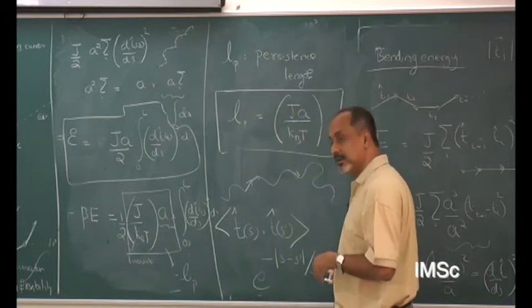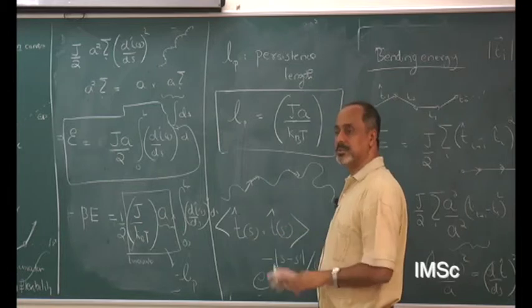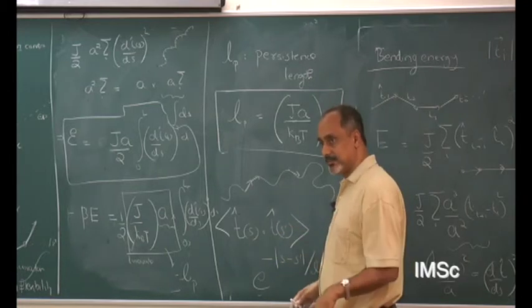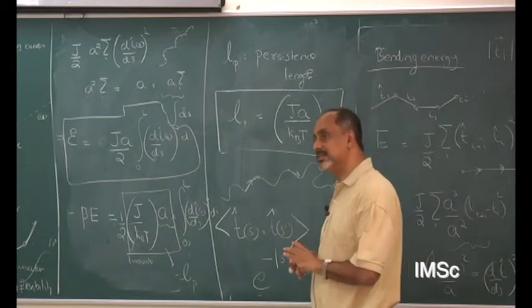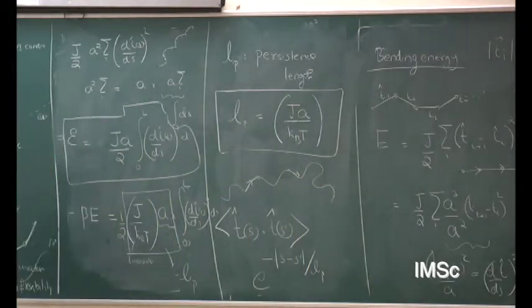Beyond the length scale LP, as measured along the chain, they become so important that the correlation pretty much vanishes. It goes down exponentially. So the persistence length is a measure of how stiff the polymer is. The stiffer the polymer, the larger the persistence length. The more flexible the polymer, the smaller the persistence length. And that's what is contained in this particular description here.